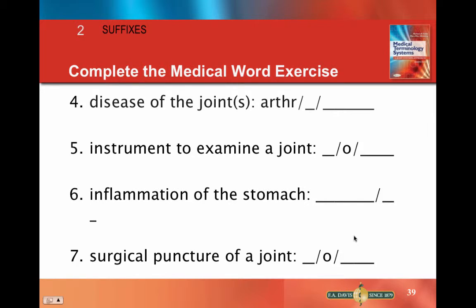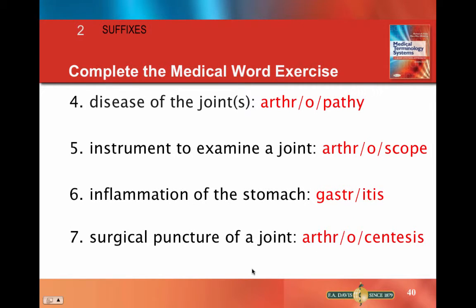Look at these: disease of the joint, instrument to examine a joint, inflammation of the stomach, and surgical puncture of a joint. The disease of the joint would be arthropathy. Instrument to examine the joint would be arthroscope. Inflammation of the stomach would be gastritis. Surgical puncture of a joint, arthrocentesis.